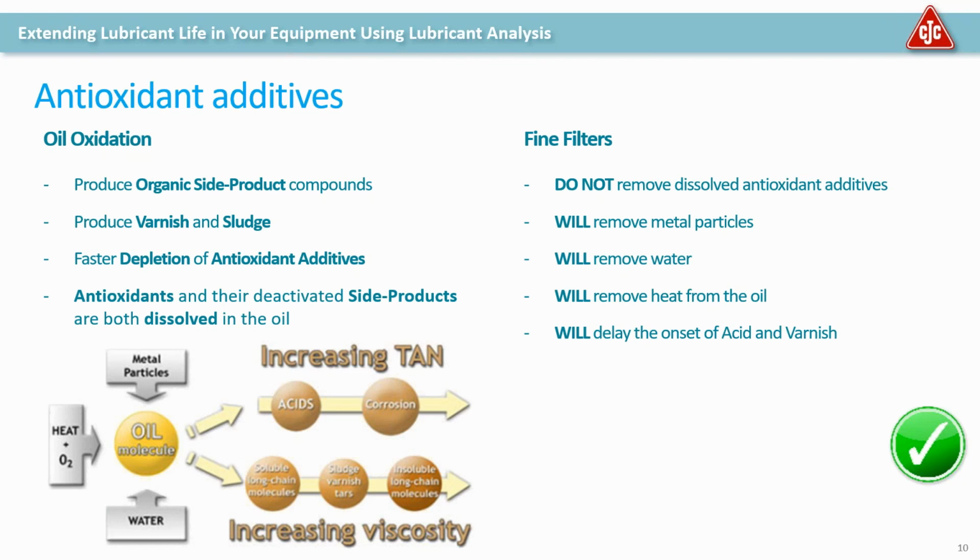And what occurs, as we see here, is it increases the acid number, it increases the viscosity, but we recognize that by filtering at a fine level, you will not remove these dissolved antioxidants. What you will do is you'll remove particles, you'll remove the moisture. It also helps to control the heat, and it will delay the onset of further acid formation and varnish formation.